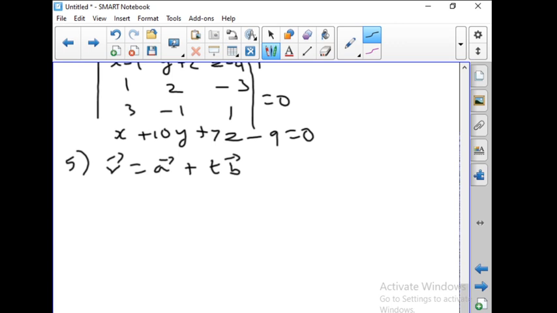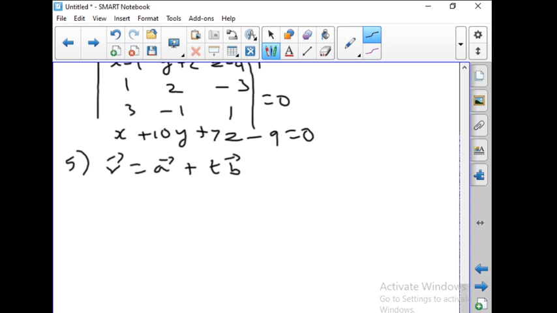Then perpendicular to the plane, so it is parallel to the required plane. So parallel to the required plane is i cap plus 2j cap plus k cap. So here what is given? One point and two vectors.